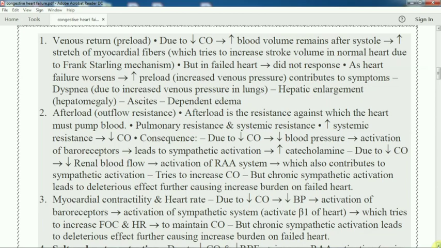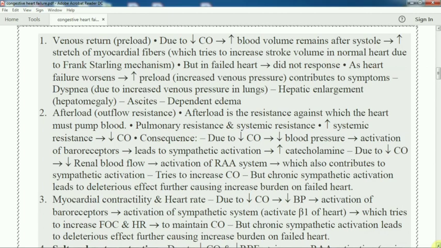But chronic sympathetic activation leads to a deleterious effect, further increasing the burden on the failed heart. That means continuous long-term sympathetic activation is not possible. For a certain period of time it is possible, but not for the long term.